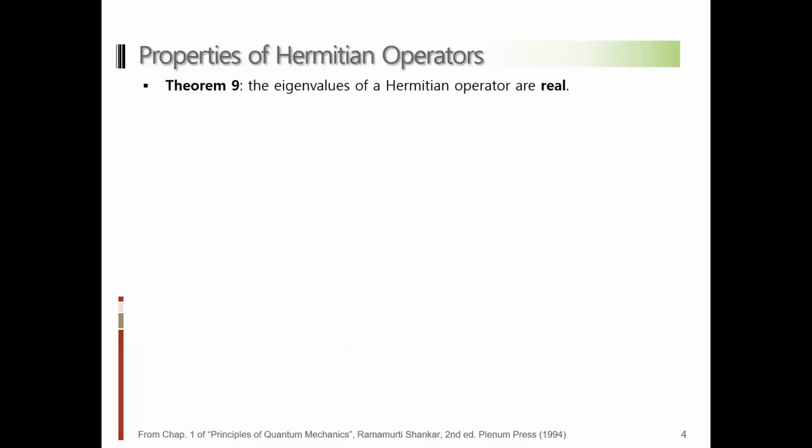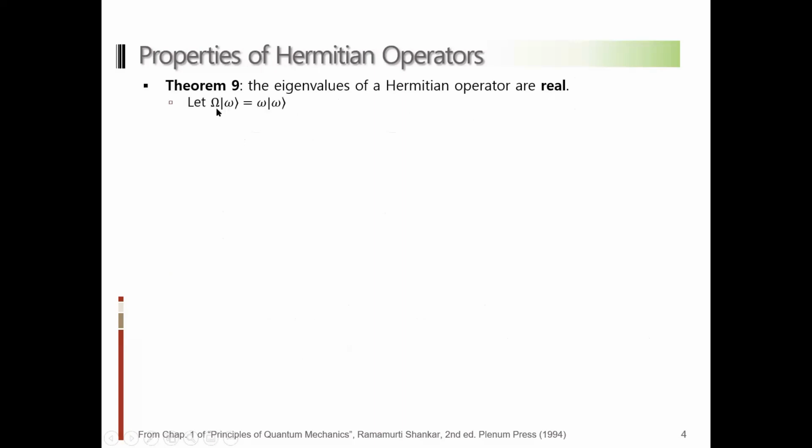So the first property we want to show is about the Hermitian operators. The first claim I want to make is that all the eigenvalues of the Hermitian operators should be real. And how can we prove that?